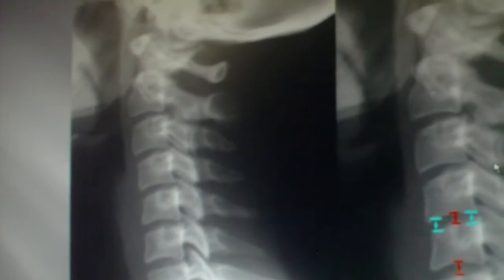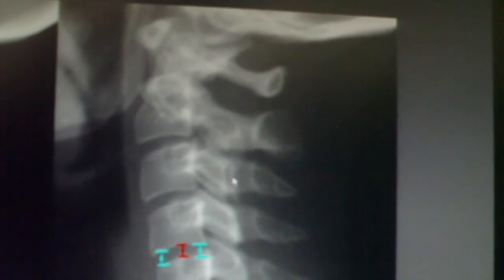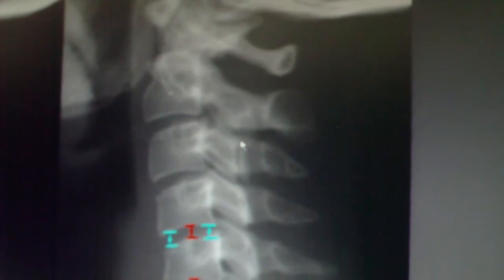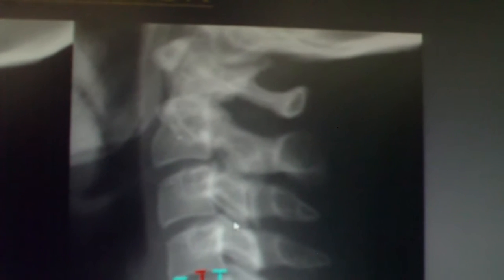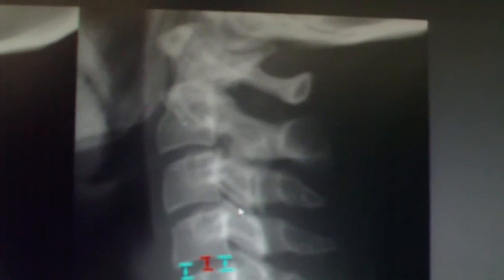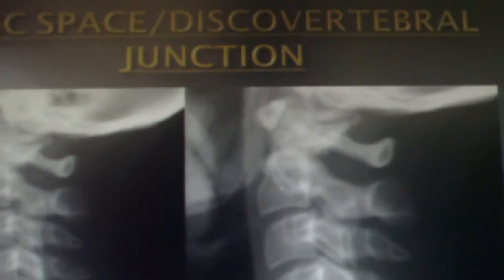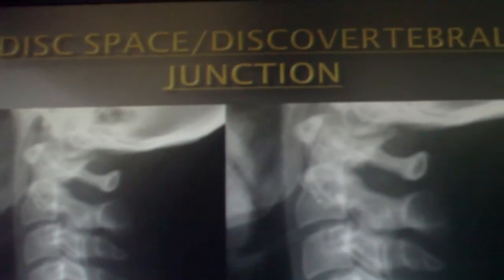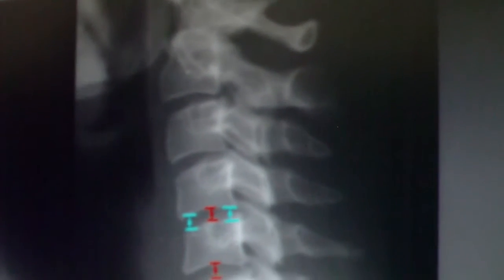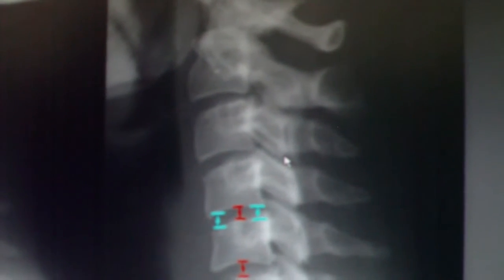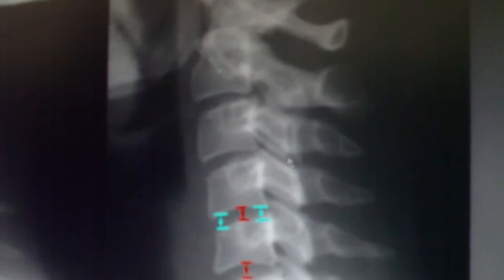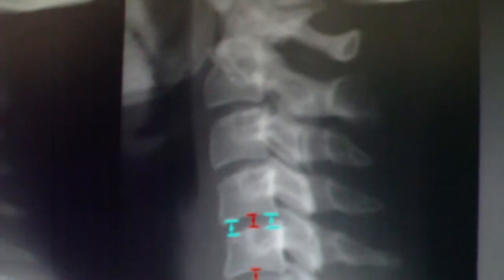Here we can tell that there's rotation, right? Because the posterior aspect of the articular pillar we can see on one side and the other. It's not important which is the right or the left side, and I can't tell you, right, on the lateral. Now, if this was an AP, I could tell you, perhaps. Also, we've got two lines here, right? So what does that tell us? That tells us that those two vertebrae are tilted as well, right?